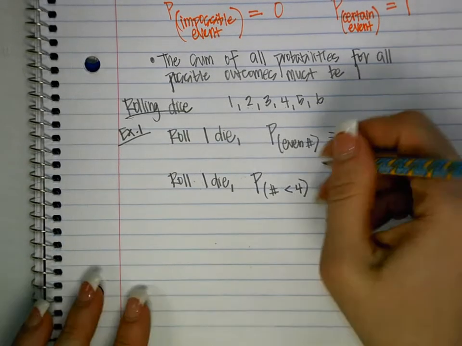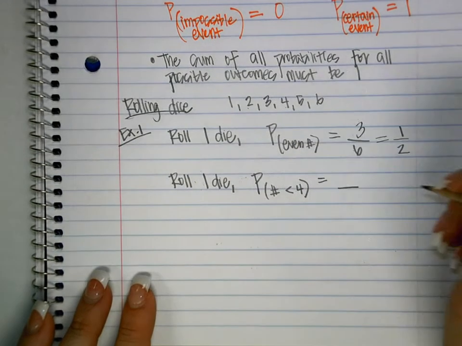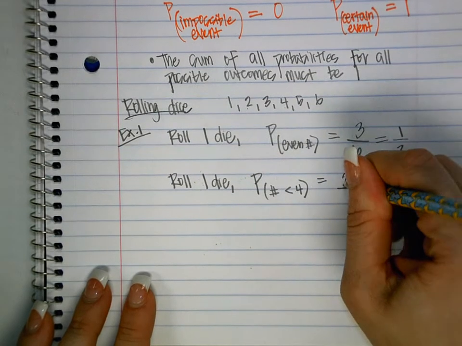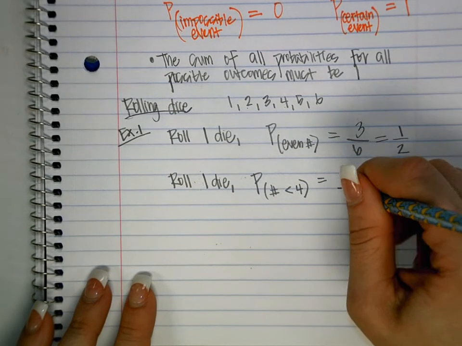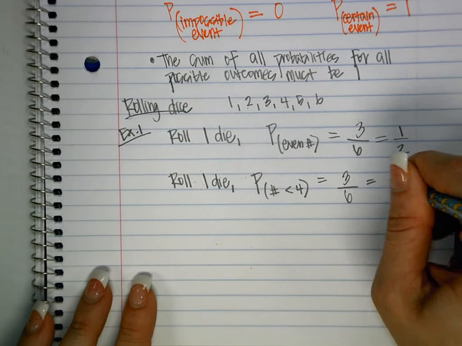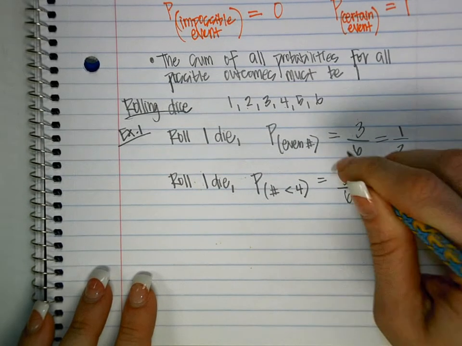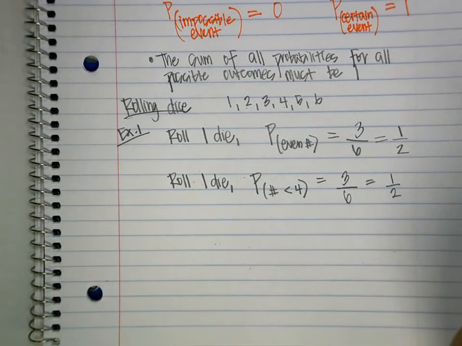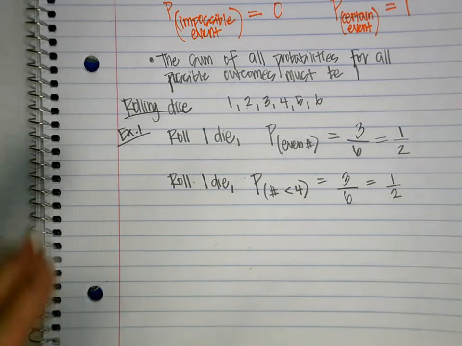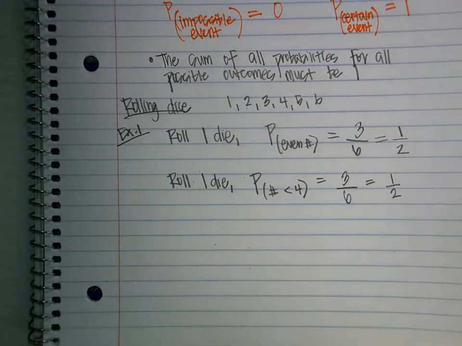How many different ones are less than 4? 3, out of a total of 6. So all you're doing is figuring out how many favorable outcomes there are divided by how many total outcomes there are.